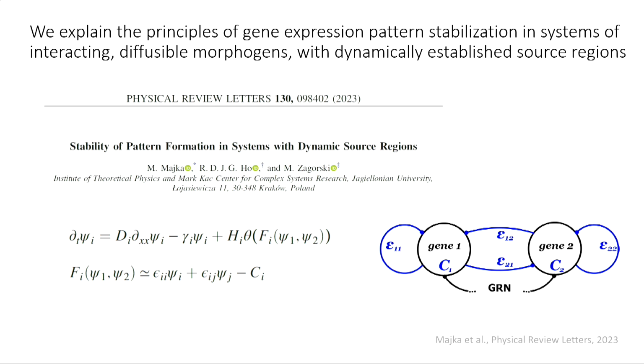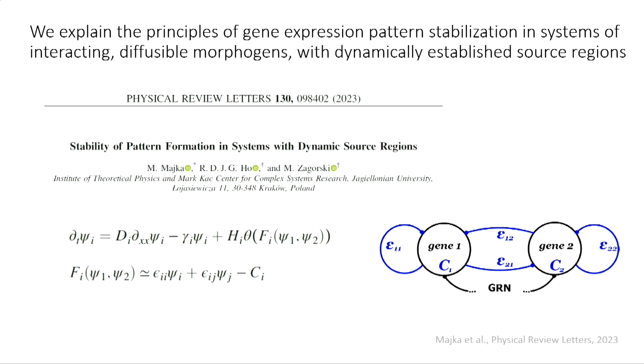They are producing the morphogens. They activate each other. Here, this psi stands for the concentration of the morphogens. This is diffusion. This is degradation, and this is some activation through the theta Heaviside function, a step-like function.